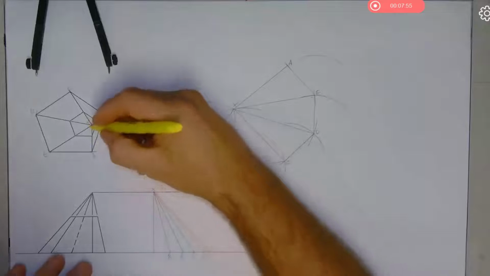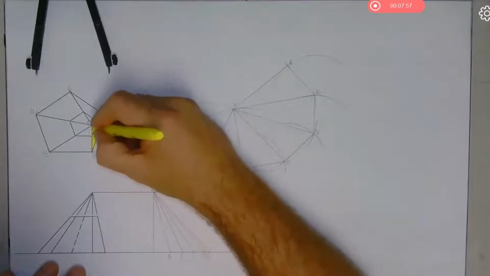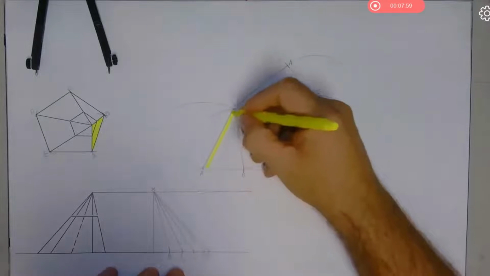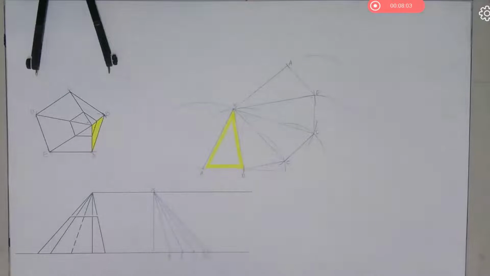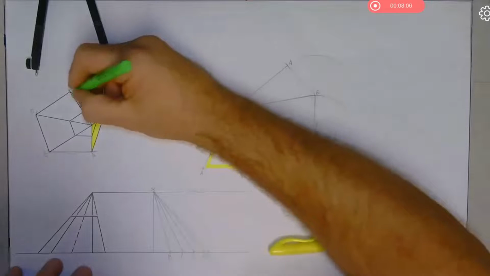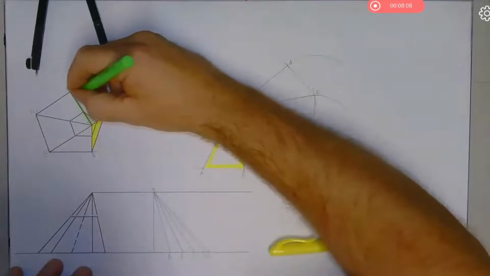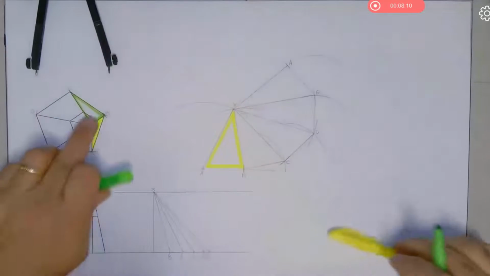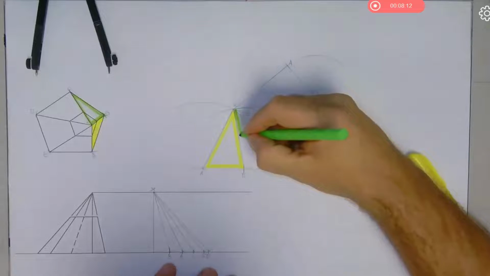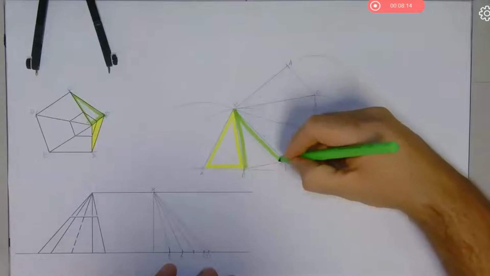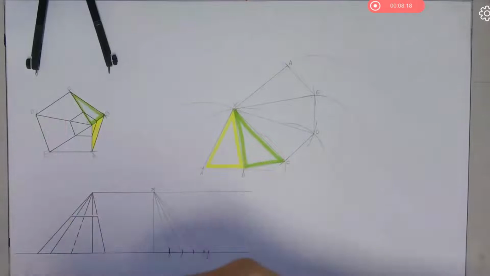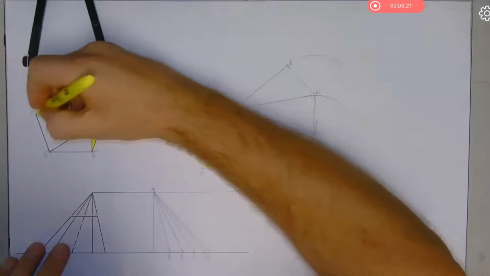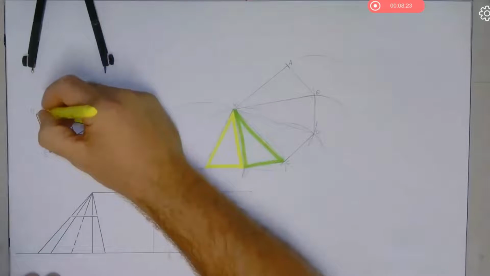So we've got our first triangle right here. Our second triangle, XBC. Third triangle, CDX.